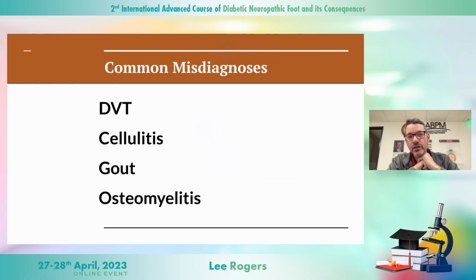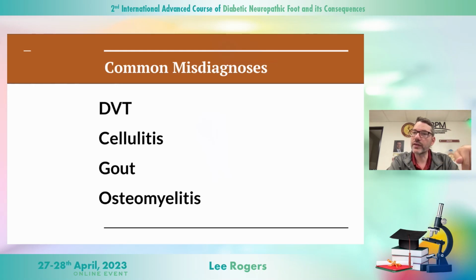Now, cellulitis and osteomyelitis, it's rare. Well, osteomyelitis, extremely rare. If you've never had an ulceration, a diabetic foot osteomyelitis would be something to really not even think about. Cellulitis, there definitely needs to be some type of break in the skin. And if you don't have an ulcer, that's also unlikely.